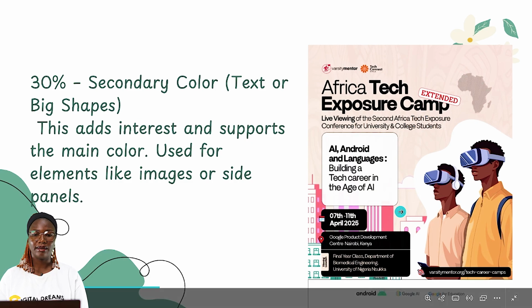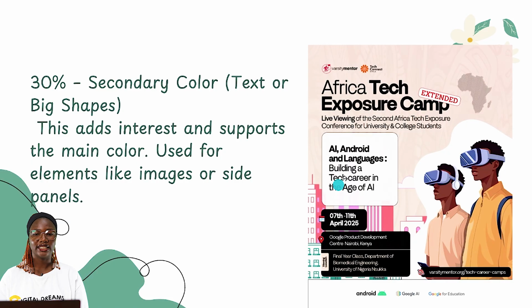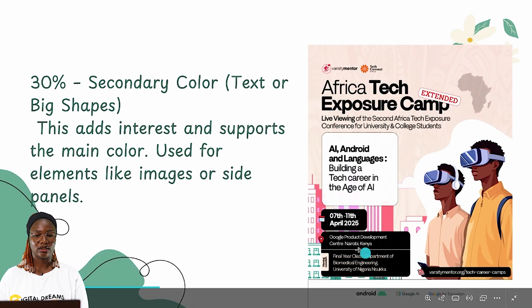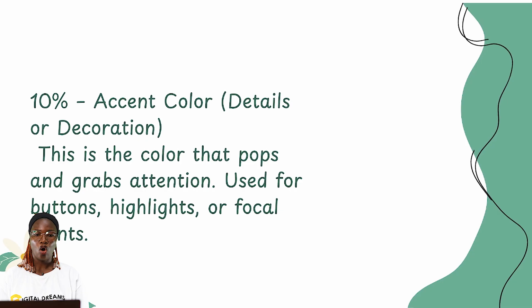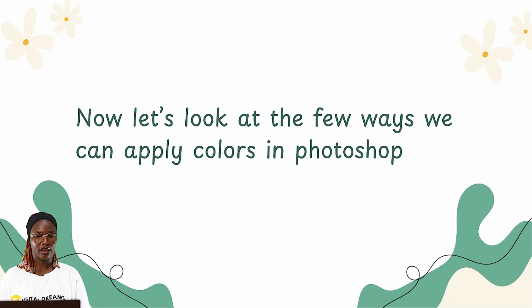Then you could say that the 10% is like just the extended one that they put right here. You say that is the 10%, or this color here. So that is for the 60-30-10 color rule.